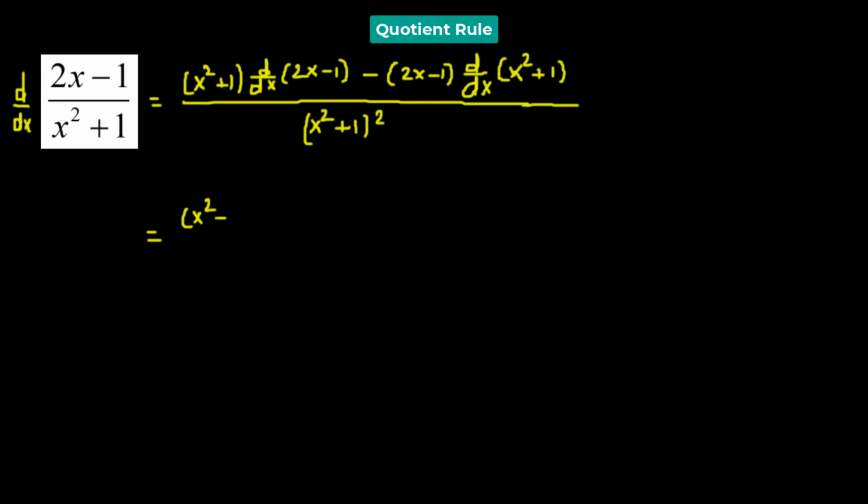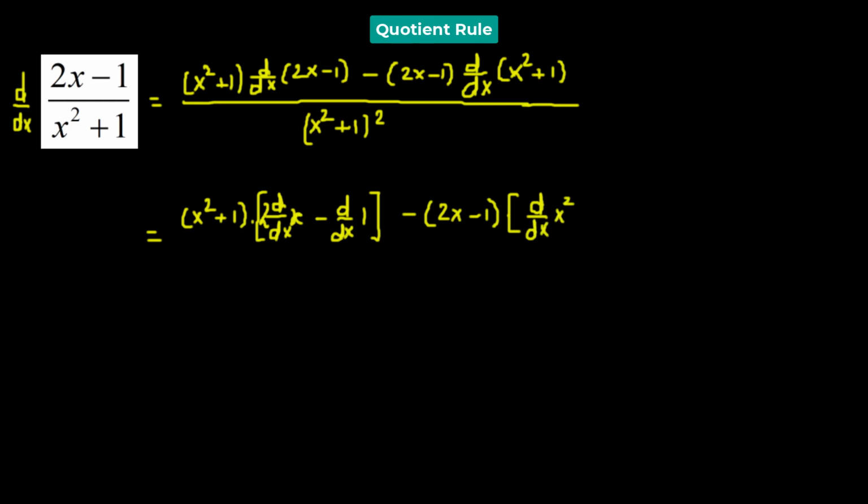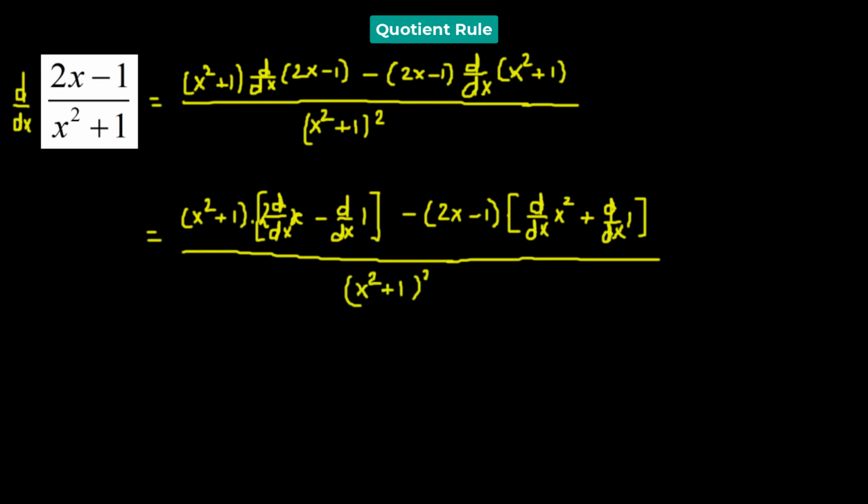to (x squared plus 1) times the derivative of 2x, so 2 being a constant, we can pull it out of the derivative, so we have 2 times the derivative of x minus the derivative of 1, minus (2x minus 1) times the derivative of x squared plus the derivative of 1, whole divided by (x squared plus 1) whole squared.